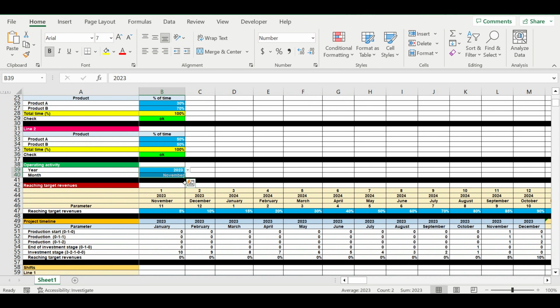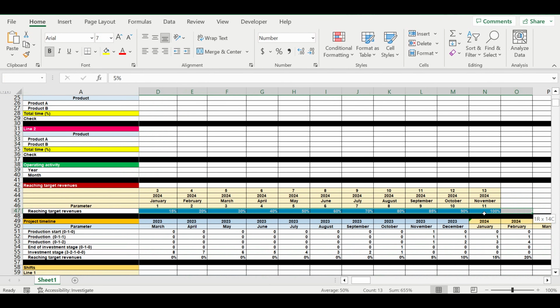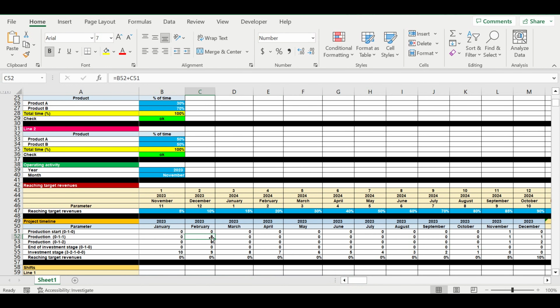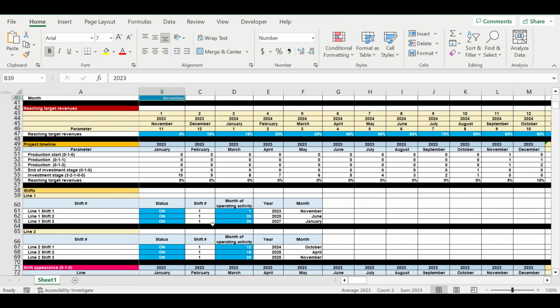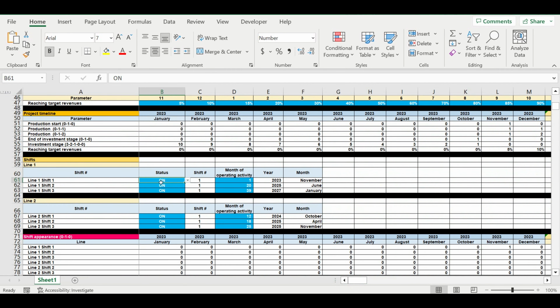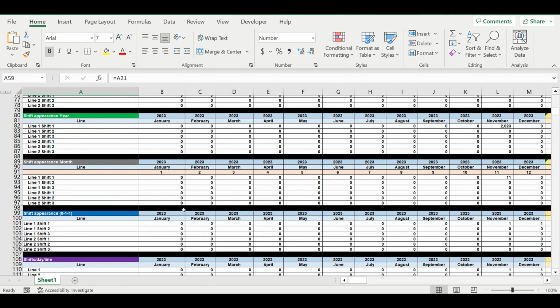Then we were talking about when we start operating activity. Then we were modeling the block of input, where we were specifying how fast we are going to reach the target revenues from the moment when we start operating activity. Then we assume that we may have 3 shifts for each manufacturing line.